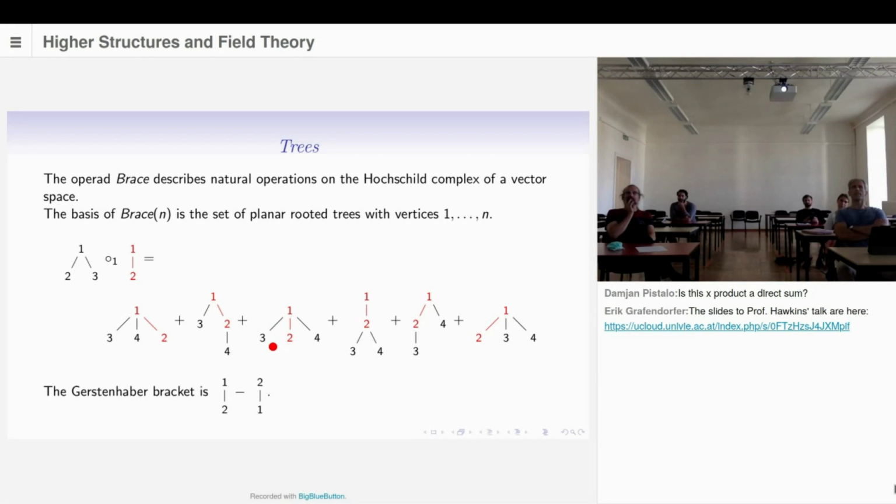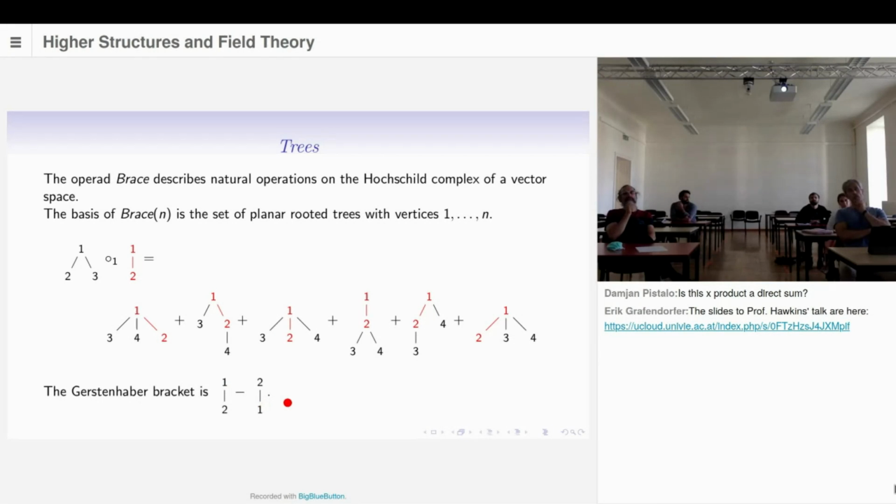And the most familiar operation from this operad is the Gerstenhaber bracket, which in this notation, well, first of all, the Gerstenhaber bracket comes from the Gerstenhaber composition operation, which is represented by this tree with just 2 vertices. 1 goes to 2. And you subtract off reversing the order, so it's this tree minus this tree.